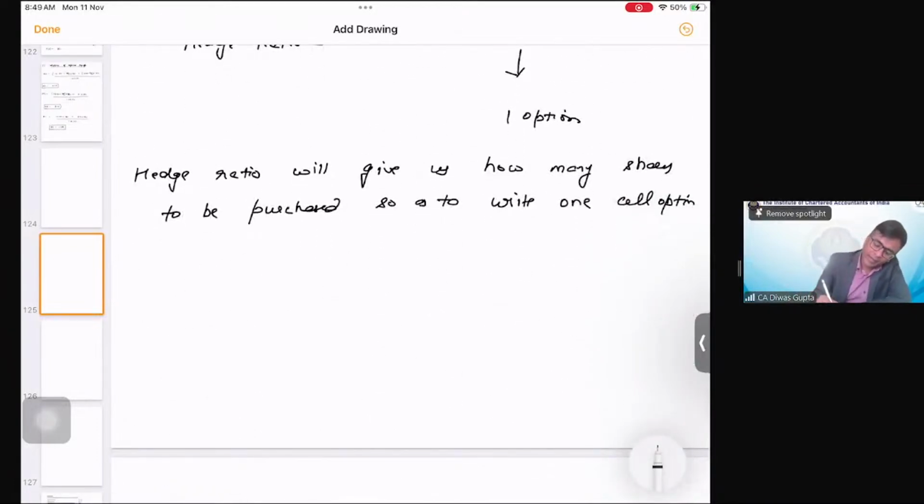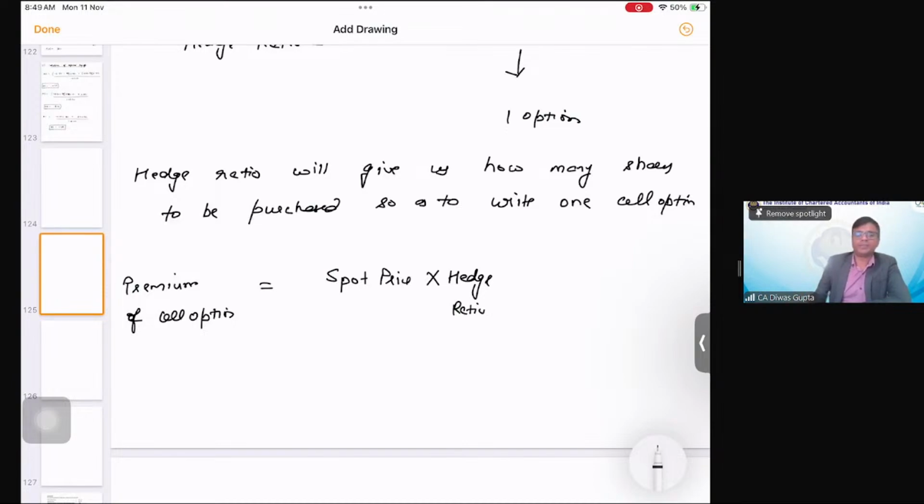Correct? So let me again rewrite the premium formula. Premium of call option is equal to spot price multiplied by hedge ratio. Clear?